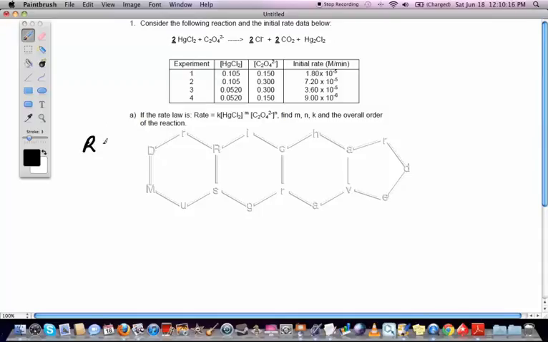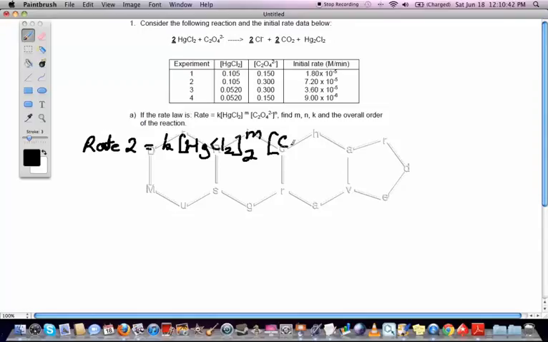So I'll have rate 2 equals K, and it'll be HgCl2 to the power of M, and I'll put a 2 subscript here because we're dealing with the second experiment. This is the one we're looking at first.